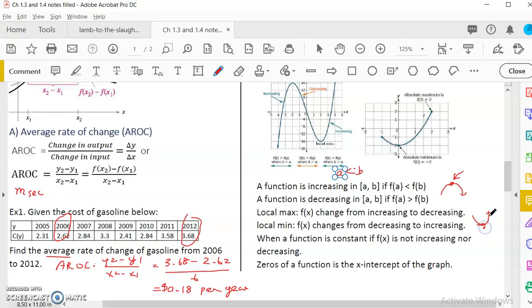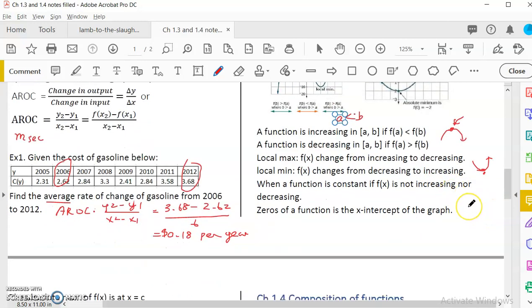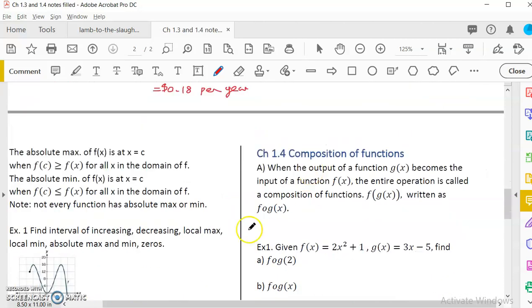When is it constant? It is constant when f of x is not increasing or decreasing, so usually at the local maximum or minimum point, or when there is a horizontal line. Zeros are the x-intercepts of the graph, so it's very easy to see.